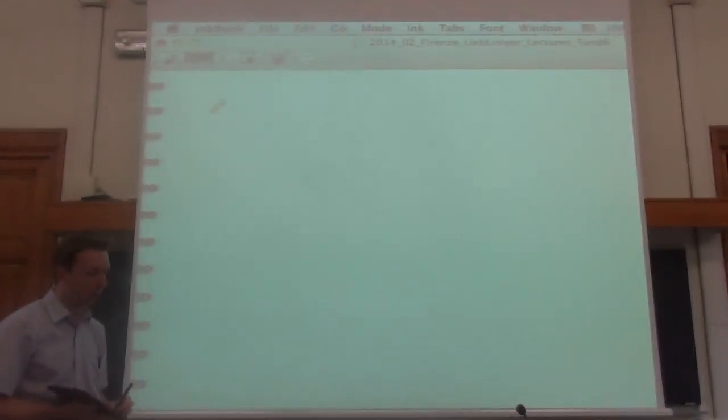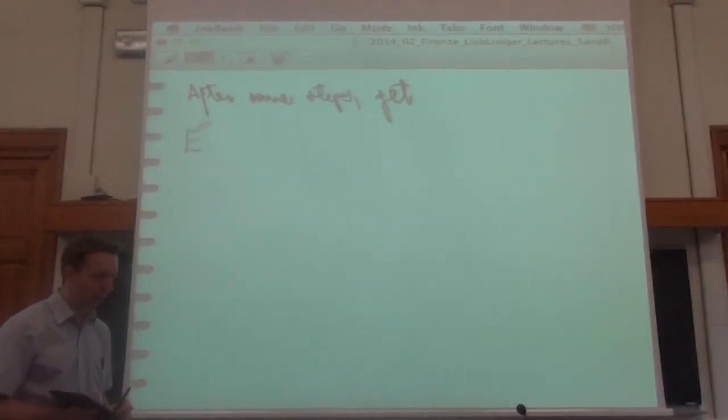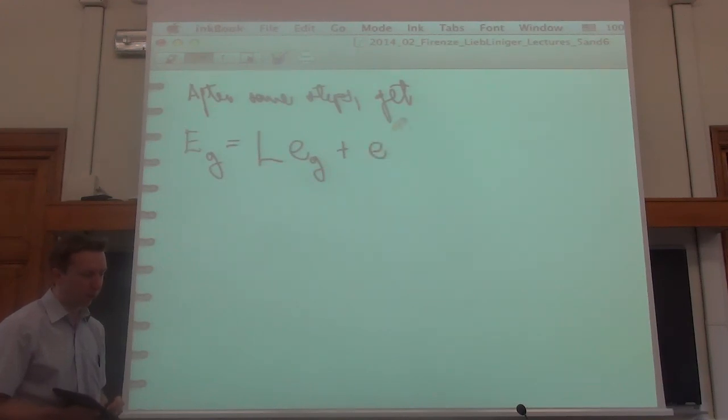So after some steps, you get the following. You get that the energy of the ground state is equal to some extensive part, right, plus then some order 0 in L, plus some 1 over L E1, plus order 1 over L squared.